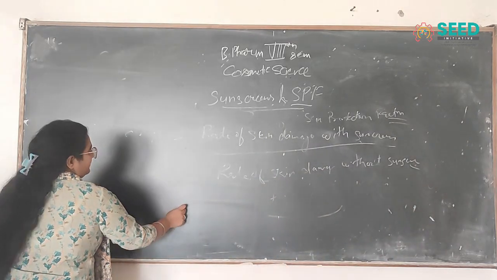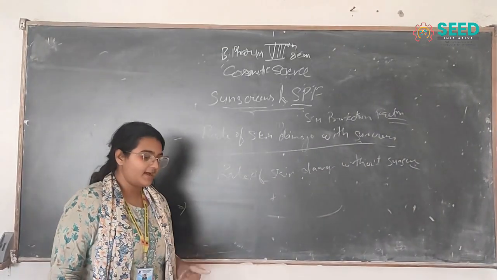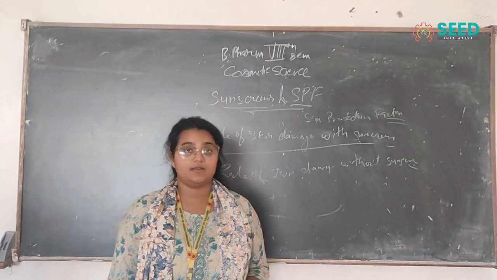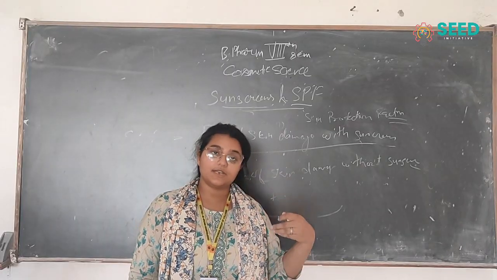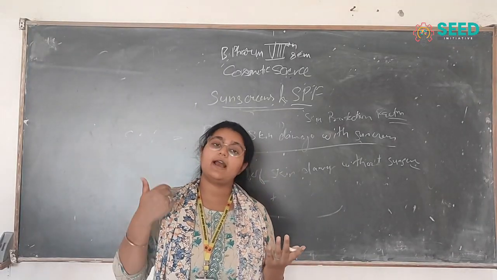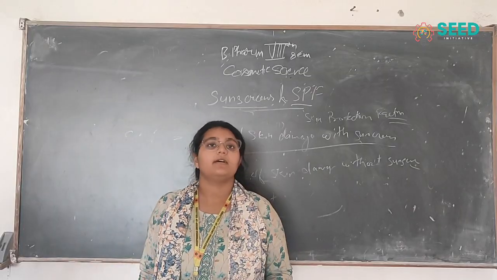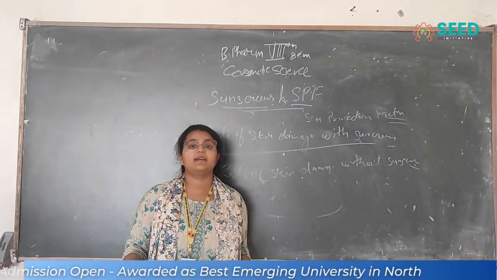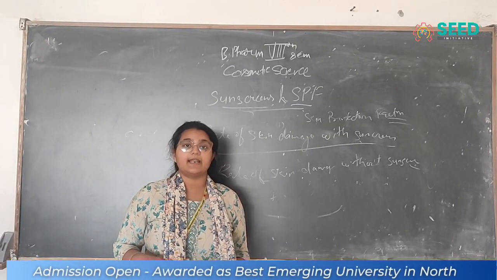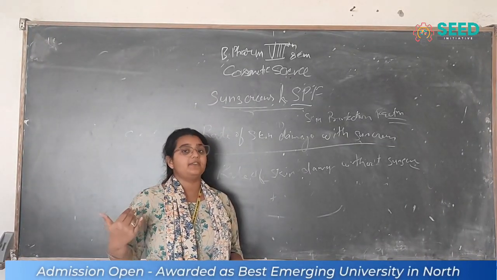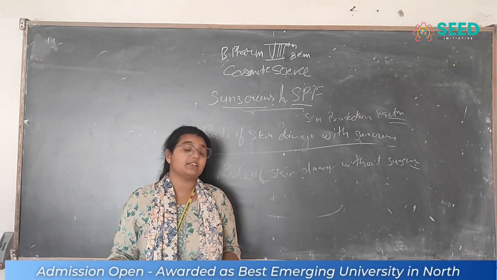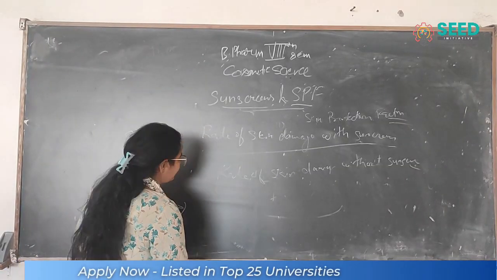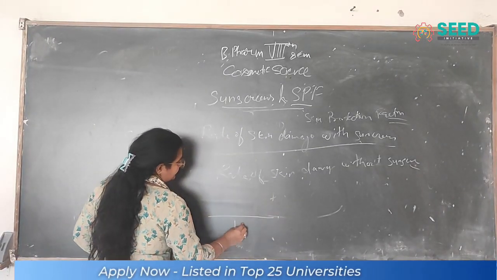Now, if I have to check the skin damage with or without sunscreen, I just apply sunscreen on half of my face and keep the other half normal. Then I get exposed to direct sunlight. Now my half face that is uncovered, without sunscreen, is getting damaged within 10 seconds.